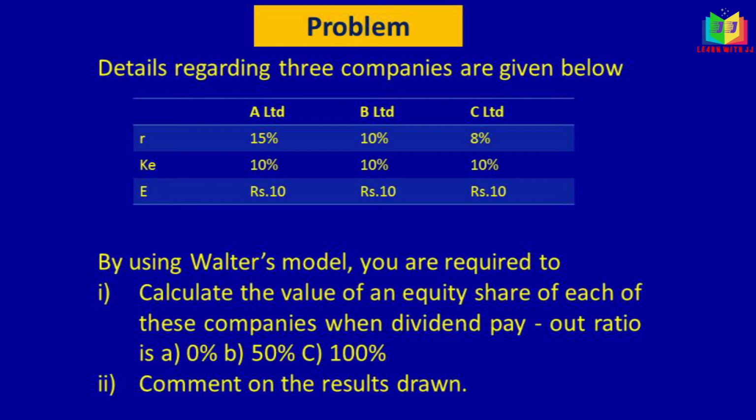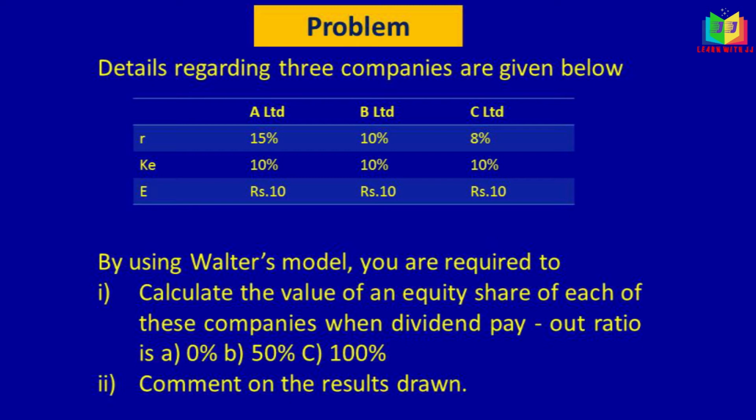And for C Limited, R is 8% and K is 10%, so this is a declining firm because R is lesser than K. We'll see the changes in the market price according to the firms.